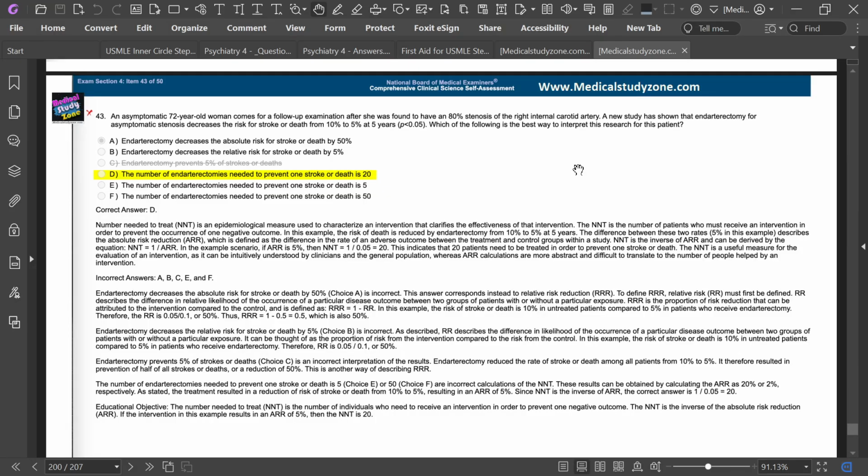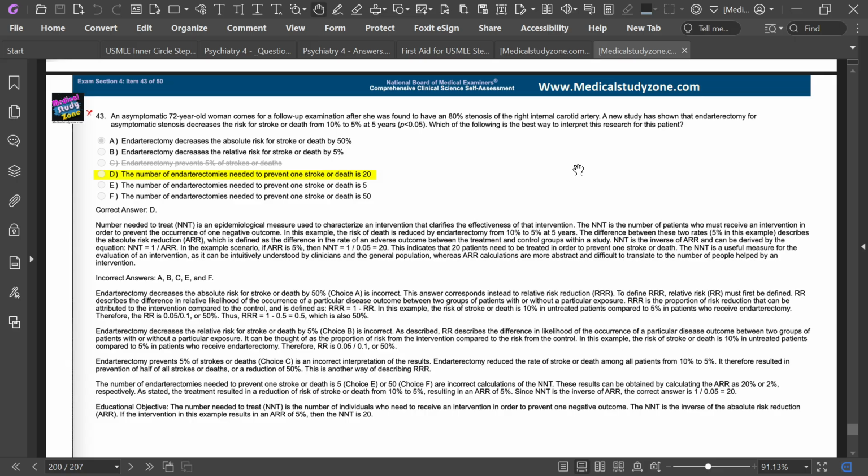In this example, the risk of stroke or death is 10% in untreated patients compared to 5% in treated patients who receive endarterectomy. So therefore RR is 0.05 to 0.1, which is 0.5. So relative risk reduction is 1 minus 0.5, which is 50%.